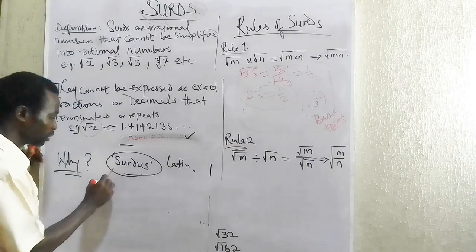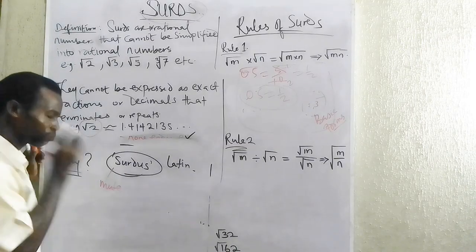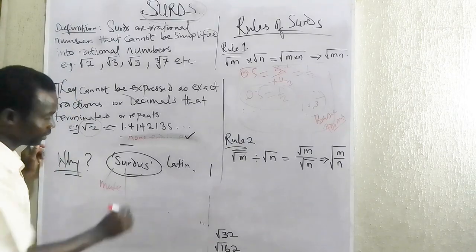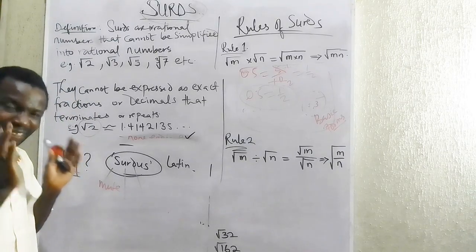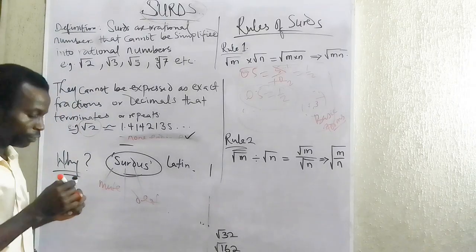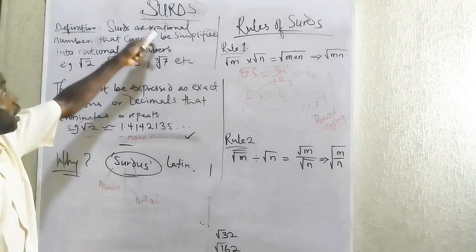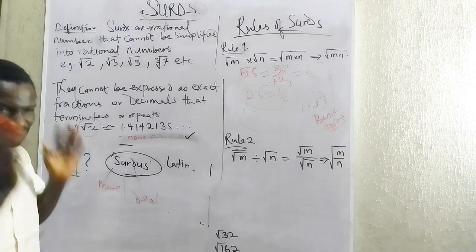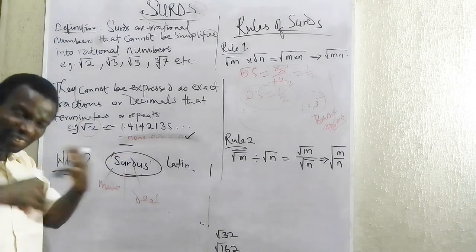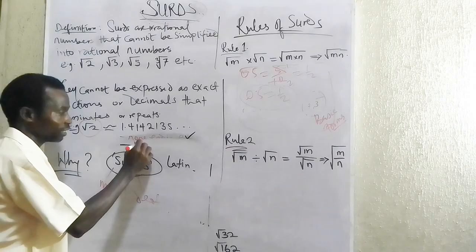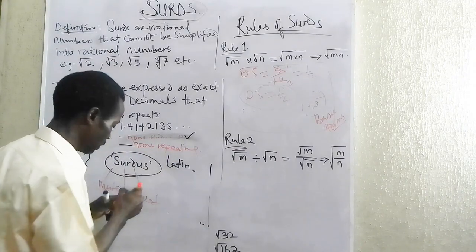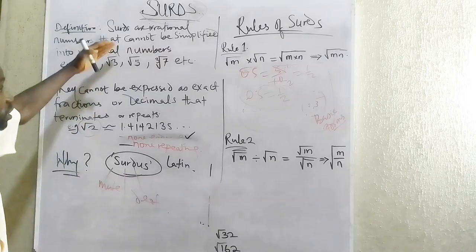What is surdus? It means mute, silent, not responding, deaf. So, surds are irrational numbers that are deaf. They are not responding. They are non-ending and non-repeating.